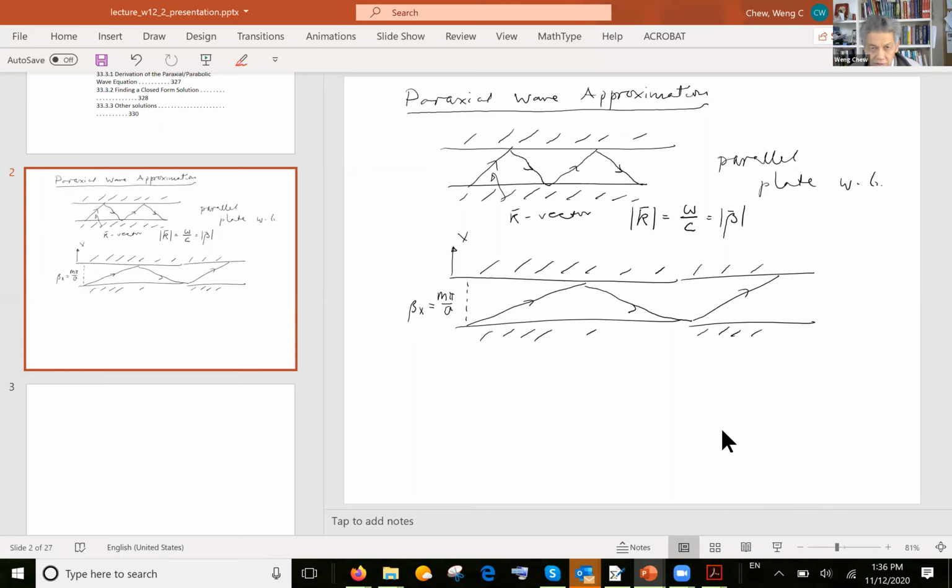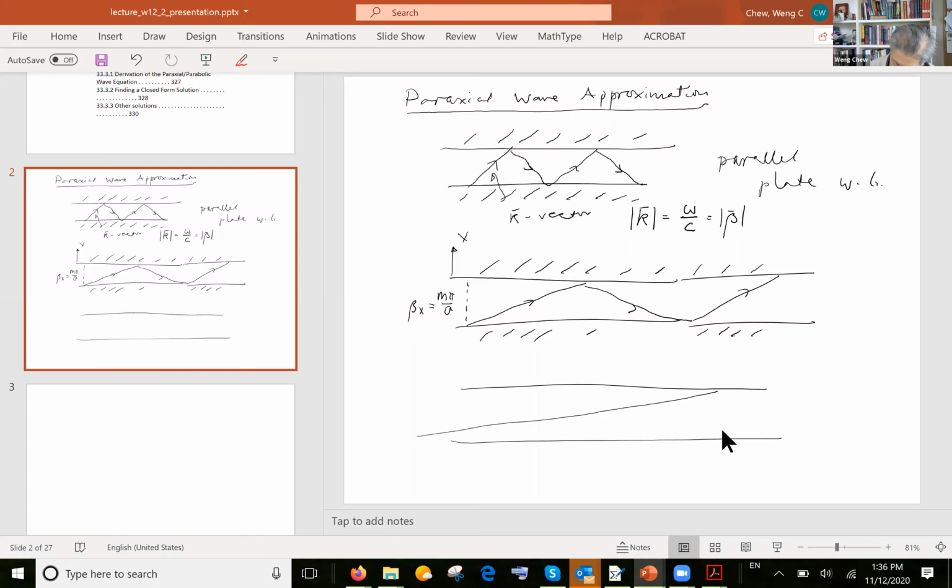And as you increase the frequency, the k vector becomes more and more horizontal. And then eventually, when the frequency is extremely high, the k vector is essentially parallel to the axis. This is the axis, and this wave is called a paraxial wave.